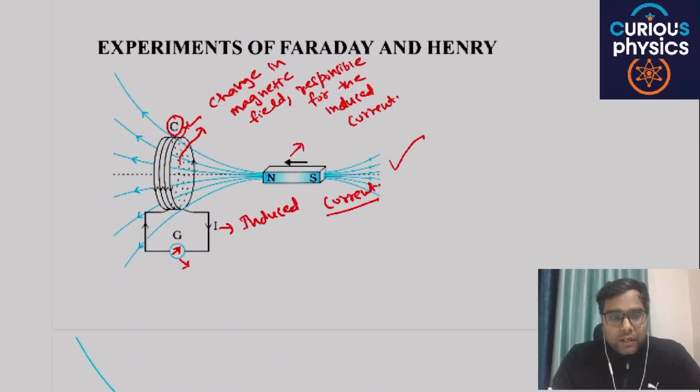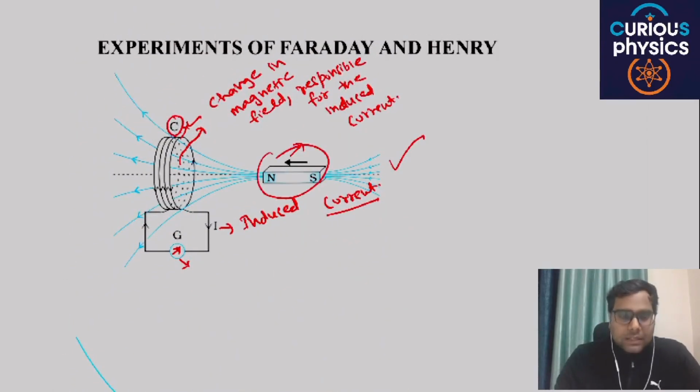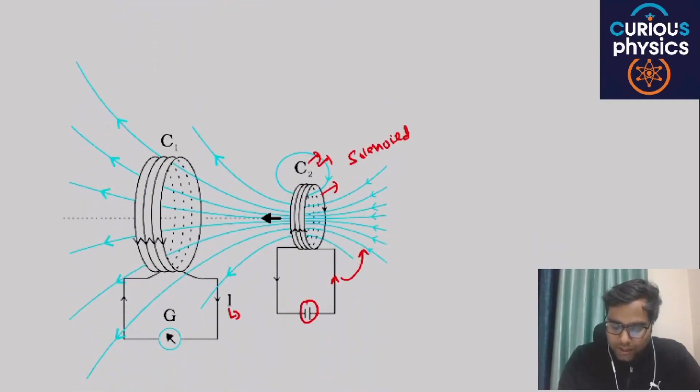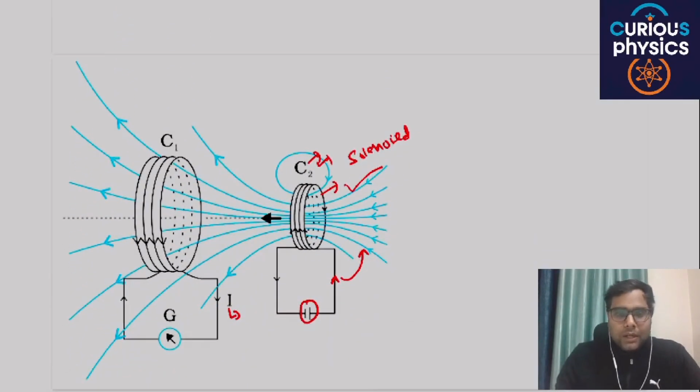In situation 1 there is a magnet, but in situation 2 there is a coil, but the impact is the same. The magnet produces a magnetic field, and coil C2 also produces a magnetic field, and if there is relative motion between coil C1 and C2, just as between coil and magnet in the first case, then induced current is produced.